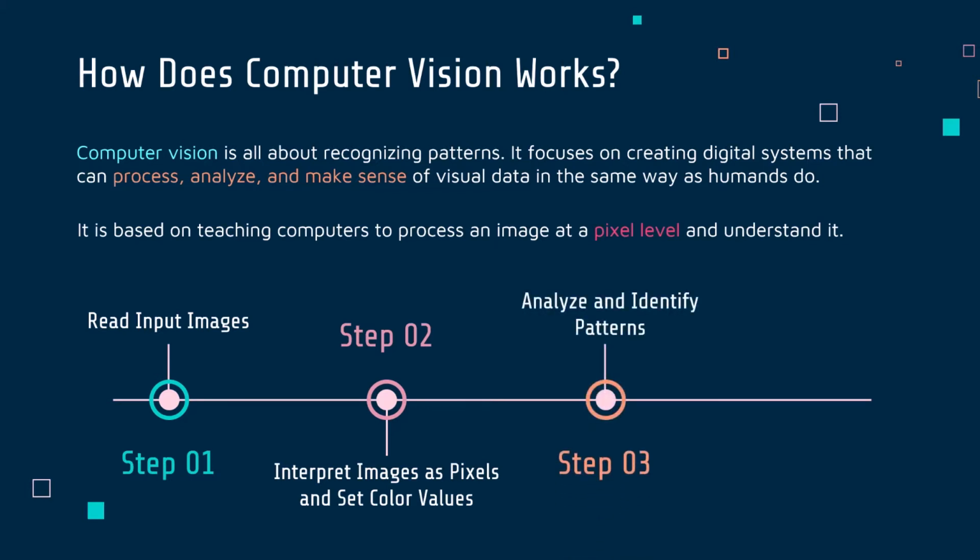Then it will subject them to algorithms that let them analyze the colors in the photo, the shapes, the distances, and so on, so that it identifies a profile of what that image means. And lastly, it will create a model of that image. Hence, if a particular image has a similar pattern to it, it can detect and identify the image.